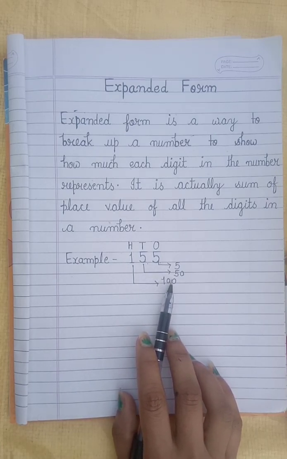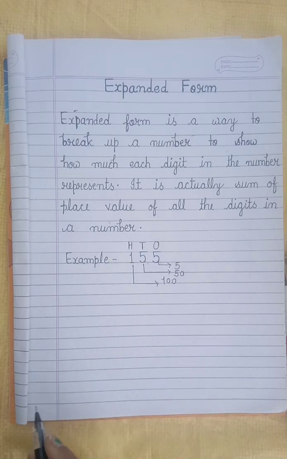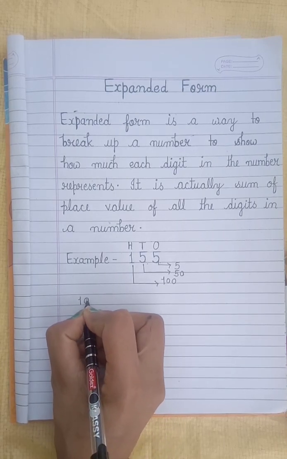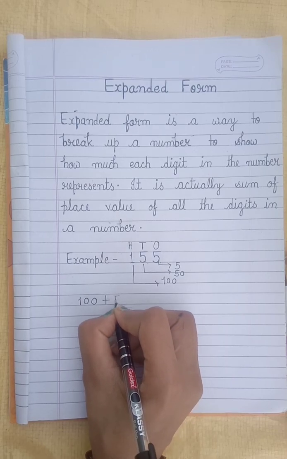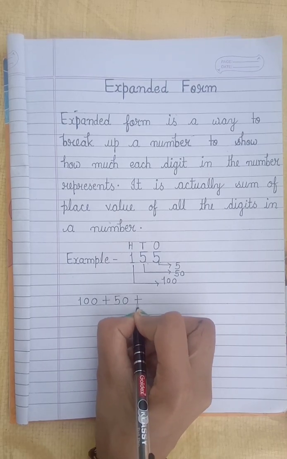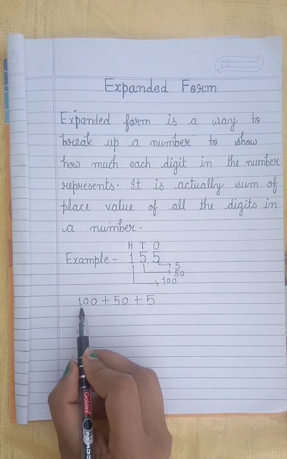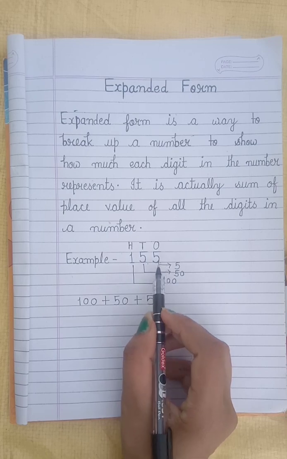Now we have written the place values of all the digits in the number. We will add them by putting addition symbols in between. So we will write it as 100 plus 50 plus 5. Now it is the expanded form of 155.